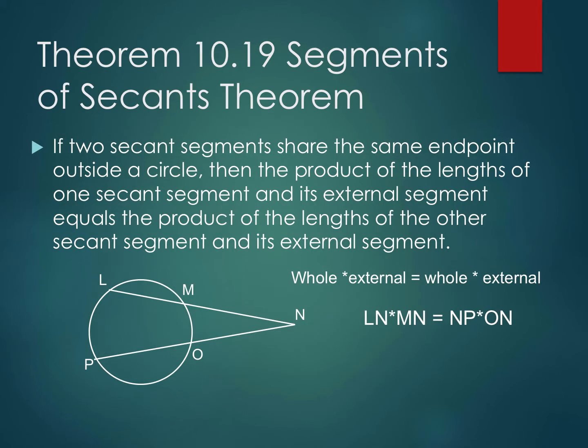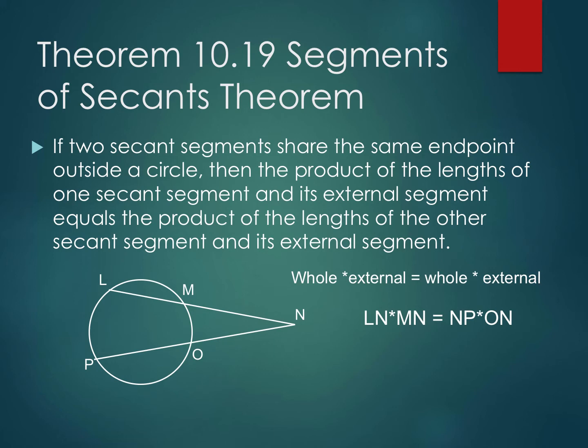The first one is when we have two secant segments. This is the Segments of Secants Theorem, and it states if two secant segments share the same endpoint outside a circle, then the product of the lengths of one secant segment and its external segment equals the product of the lengths of the other secant segment and its external segment.